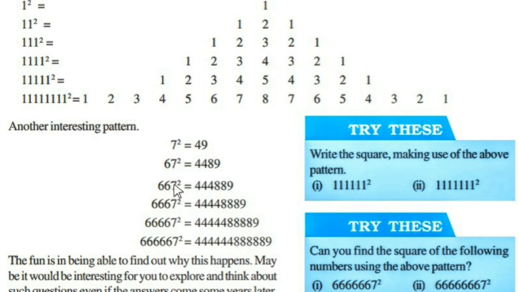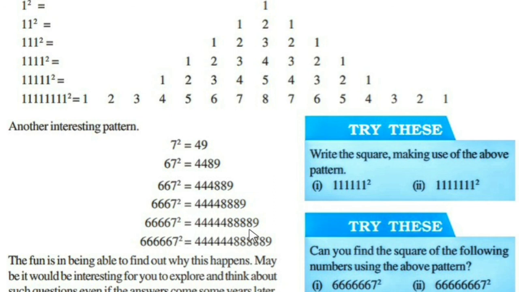666 7 square. How many times 6 are there? 2. So 2 times 8 will be there and 3 times 4 are there. So 4, 4, 4, 8, 8, 9. Now 6666 7 square equal to 4444 8888 9. 66666 7 square equal to, see 4 times 6 are there.